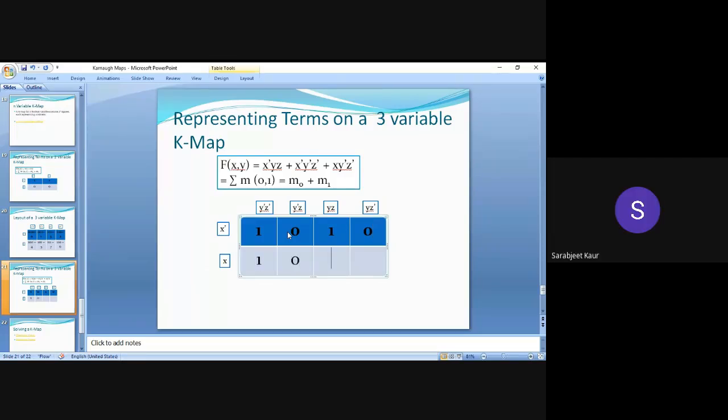What will be the corresponding min terms for these? They will be M0 plus M4 plus M3. Yes or no? Yes, ma'am.